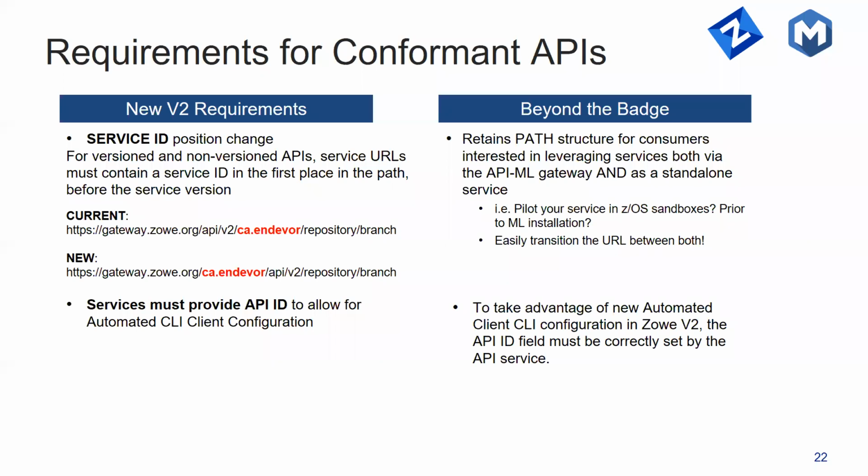We don't yet have another prefix, but in the near future, and certainly for V2 conformance, we will indicate a new prefix to be used for Broadcom service owners that will no longer be CA. It'll be something else. Okay, Rose, I think that's it from a mediation layer perspective.